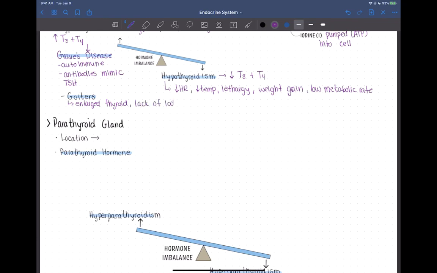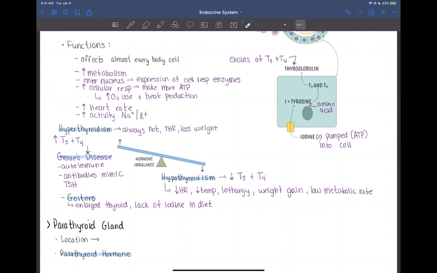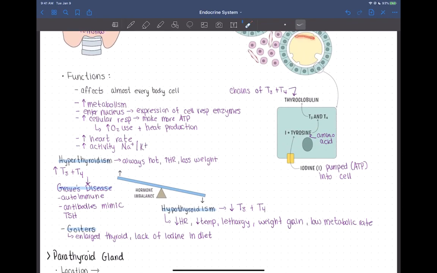Okay, and so let's think about this. If somebody is not getting enough iodine in their diet, if we look at our diagram here, they're not going to have enough iodine to be pumped into the cell to put together with tyrosine and make our T3 and T4. Okay, so they're not going to have all this colloid in their thyroid tissue. They're not going to make enough thyroid hormone.